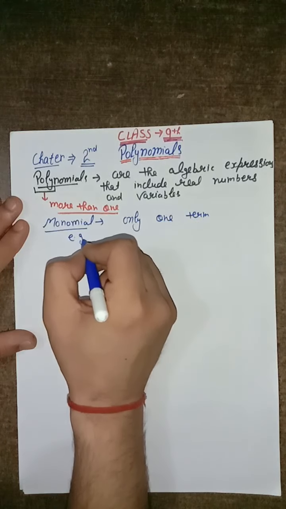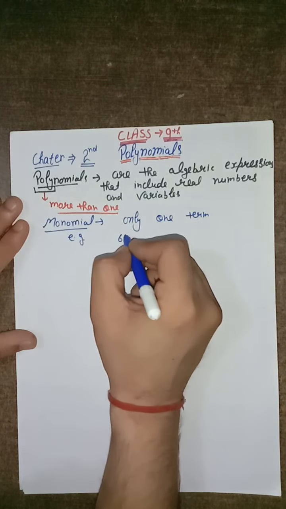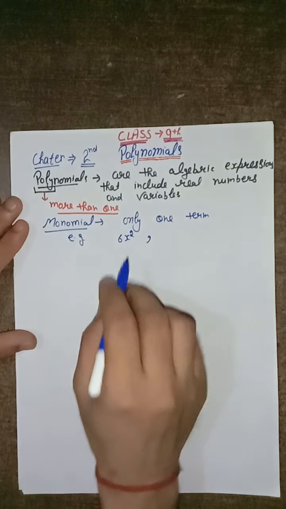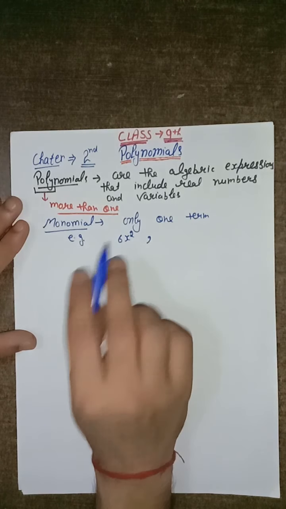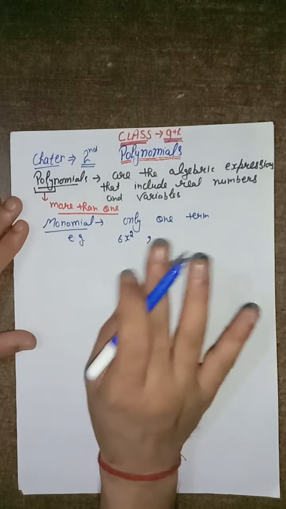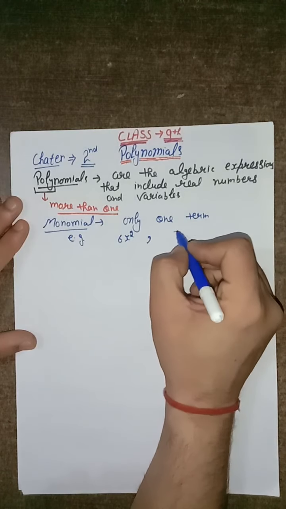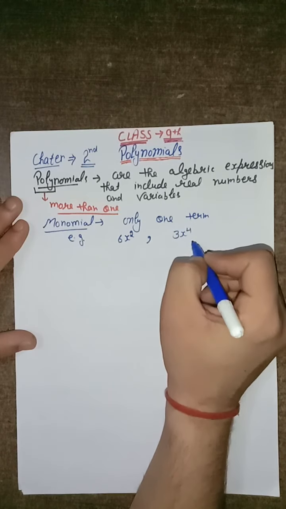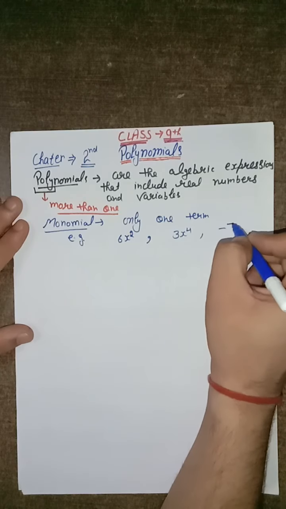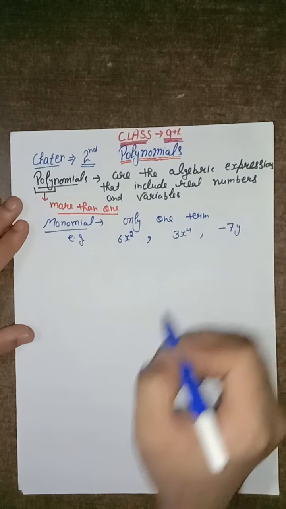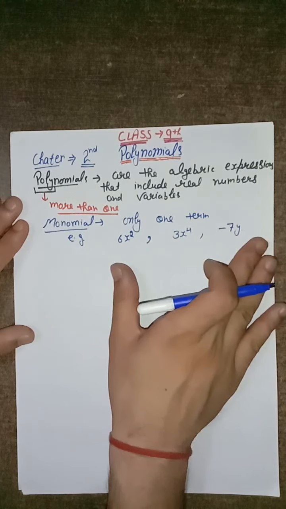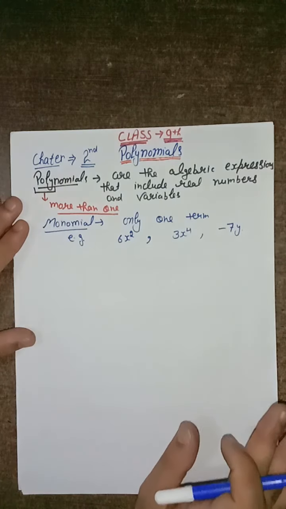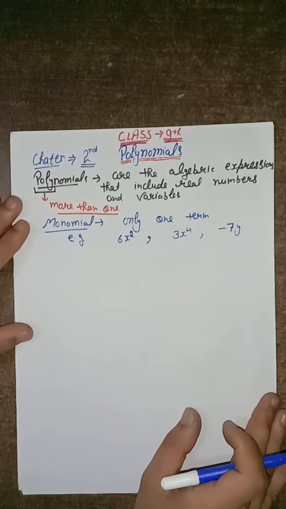For example, 6x², which contains only one term, or 3x⁴, maybe, or 7y. All three are examples of monomial.